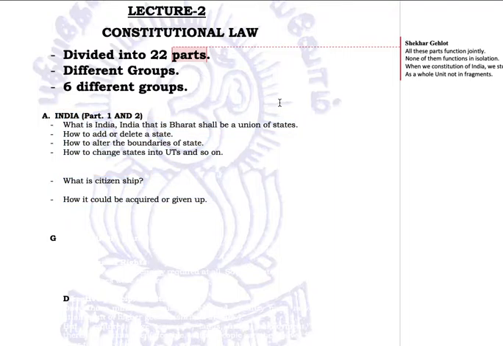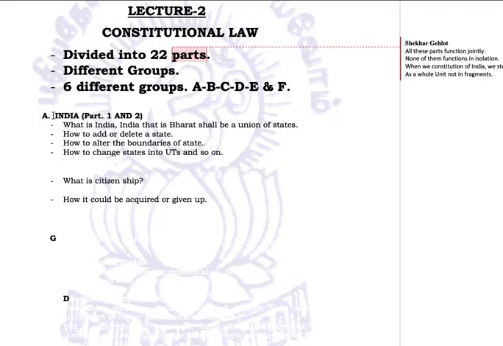Now let us divide the Constitution into 6 groups. These 6 groups are A, B, C, D, E and F. Now we'll read about these groups one by one.